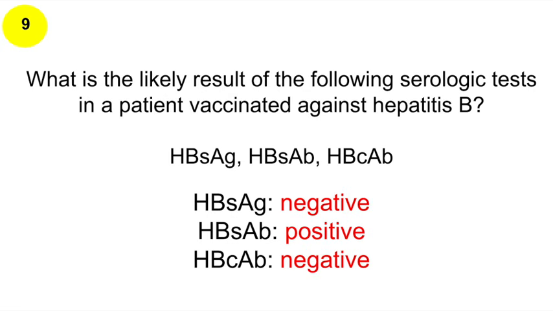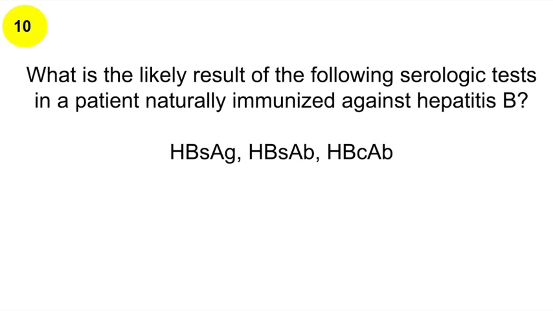What is the likely result of the following serologic tests in a patient naturally immunized against hepatitis B? Well, the hepatitis B surface antigen is negative, the surface antibody is positive, and the core antibody is also positive.